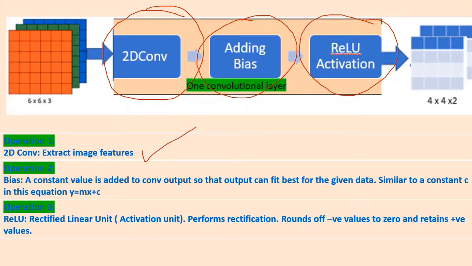For multiple features to be extracted, you can have multiple filters with different coefficient sets. Then you add a bias so that your output can fit best for the given data, just like you add a constant value in the linear equation y equals mx plus c. And the last operation is the rectified linear unit, which rounds off the negative values to 0 and retains positive values.